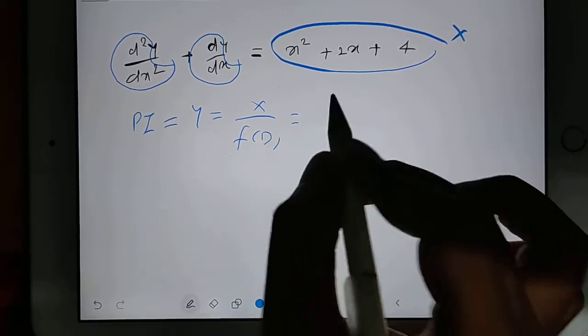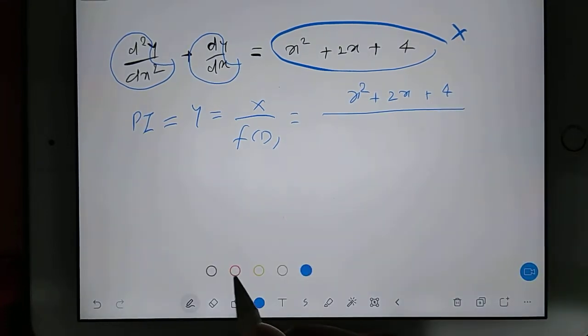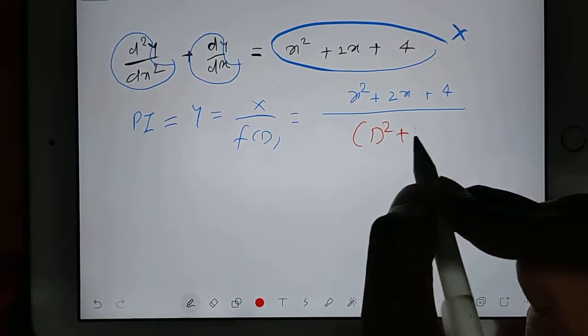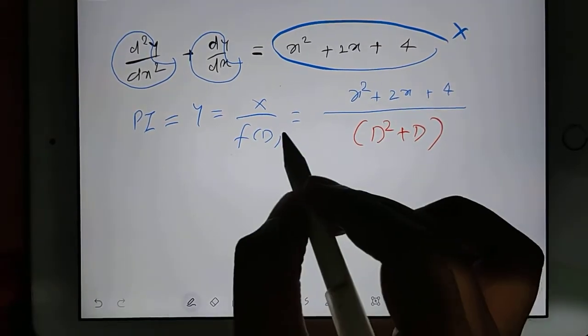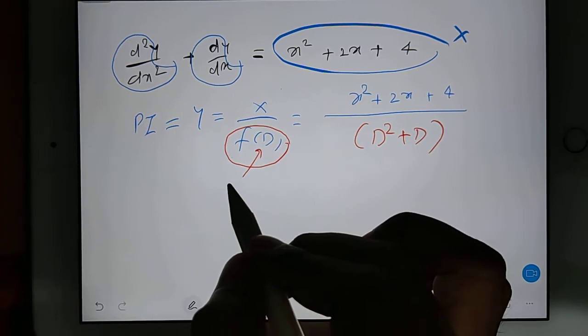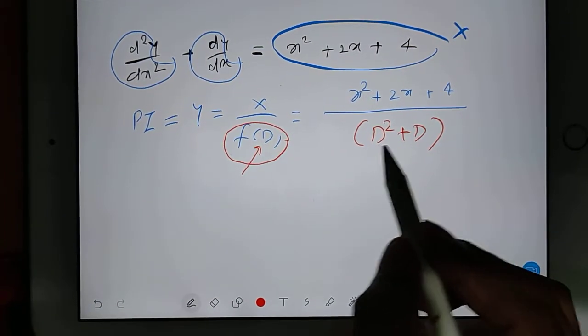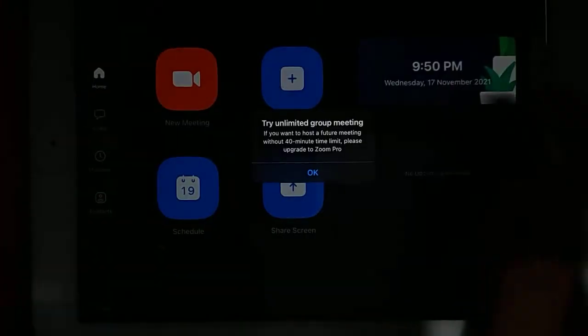So this is nothing but (x square plus 2x plus 4) whole divided by (D square plus D). Now your function should be a function of D. So for that, what will you do? Take your D common. Don't make it a square here. It is a condition in the concept itself.